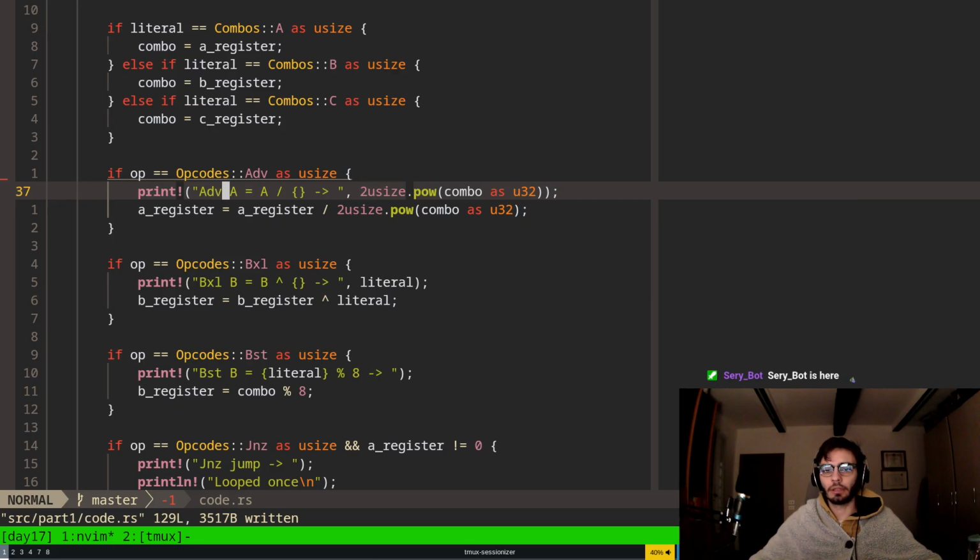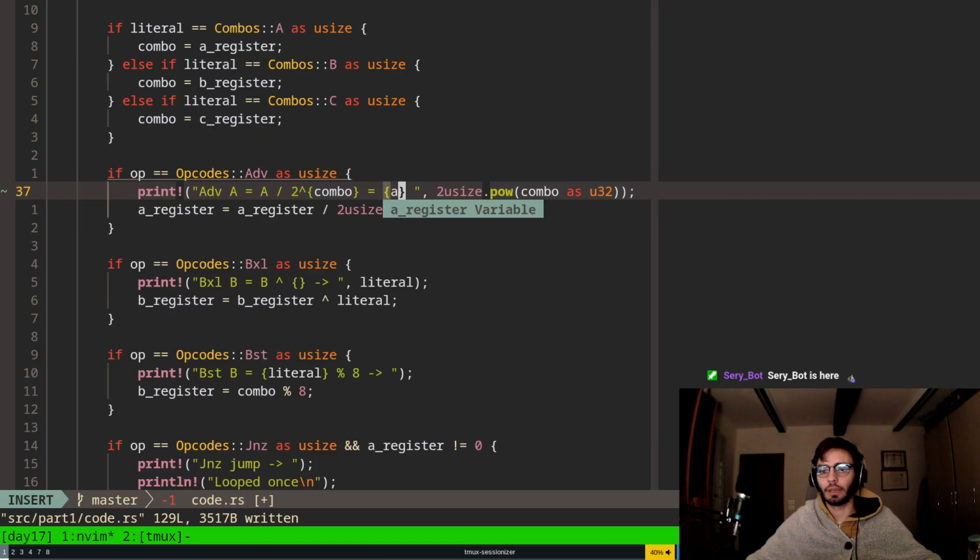So first of all I would want to tell the operation, which would be A equals A divided by 2 to the power of combo, which would be equal to the A register divided by 2 to the power of combo, which we can just say like that.